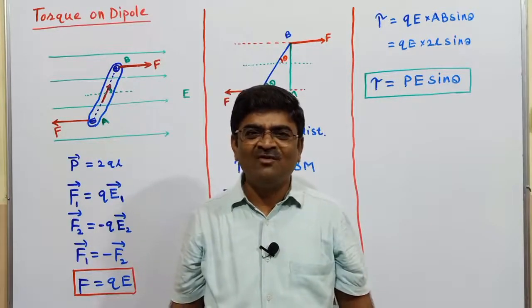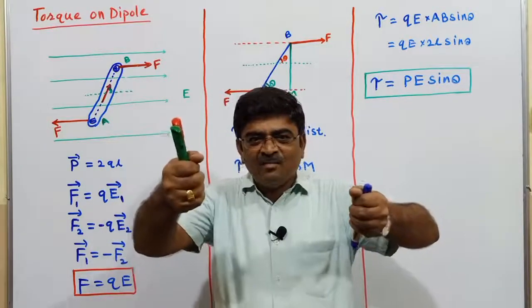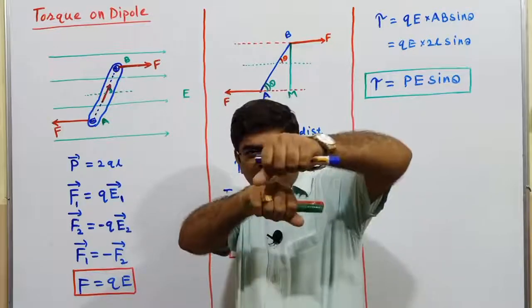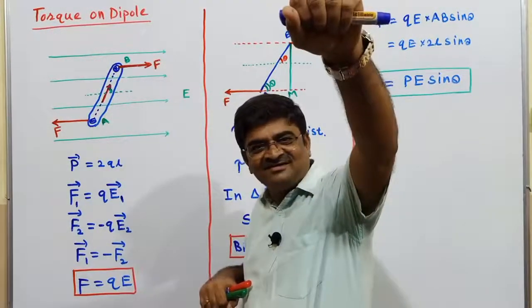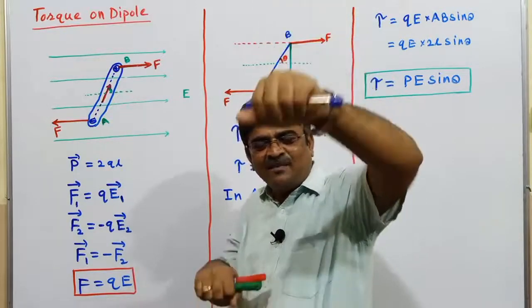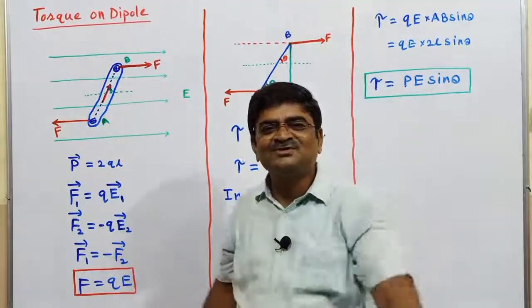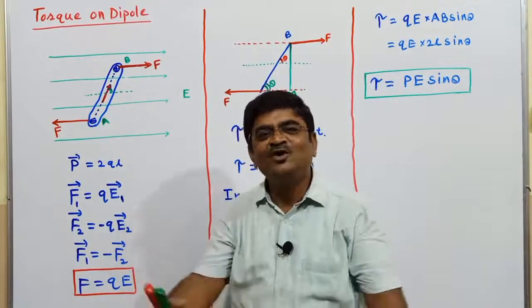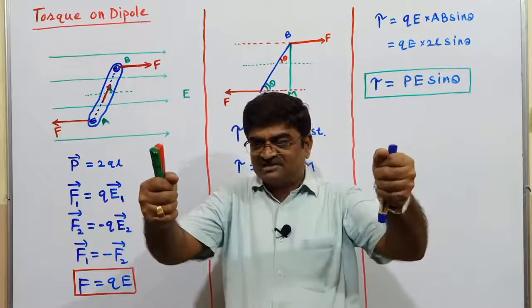Any of you will never try to rotate the steering of your car, let's say this is the wheel, by holding it like this. You never apply force like this, because being a physics student, you know the line of action of those two forces will be the same, and that is not going to produce a rotatory effect. Rather, you hold the steering like this.